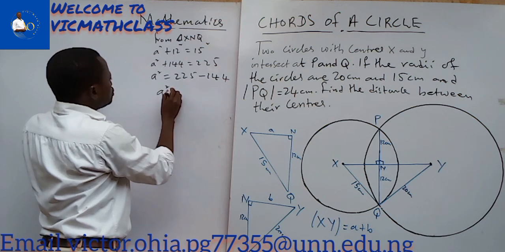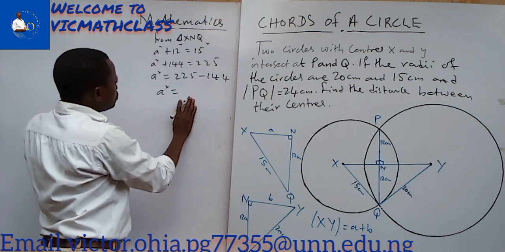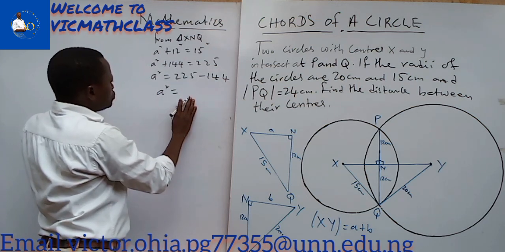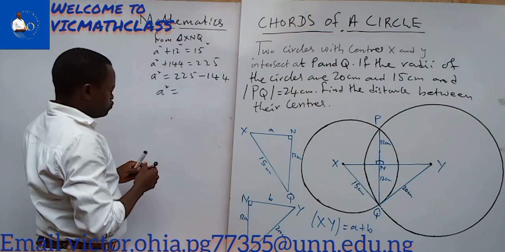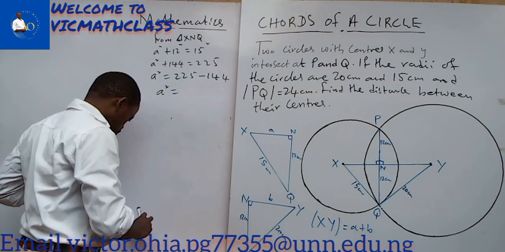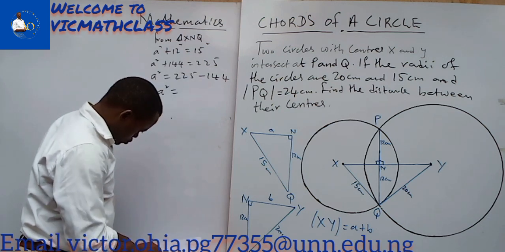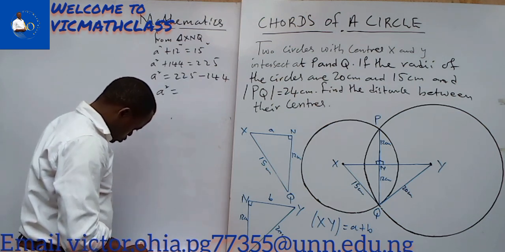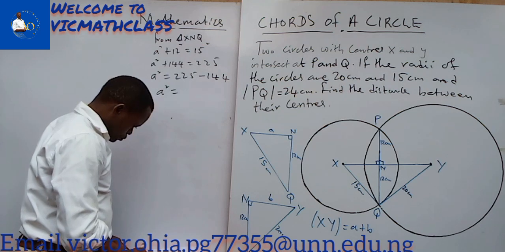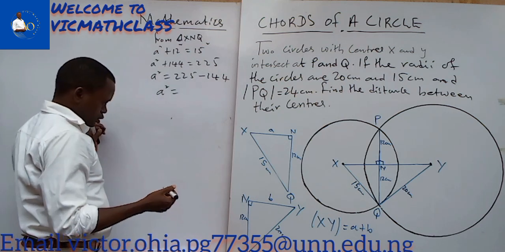A squared is equal to 225 minus 144. Let me check my figures here. 225 minus 144 will give us 81.